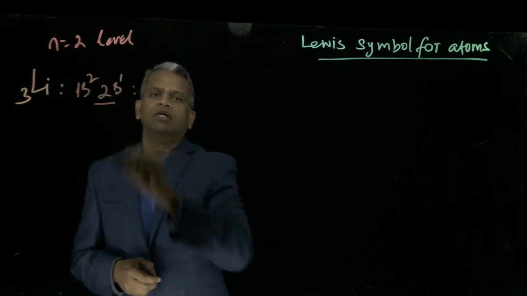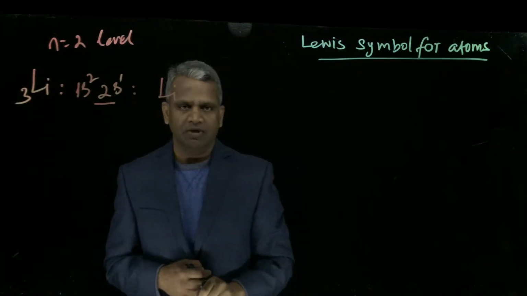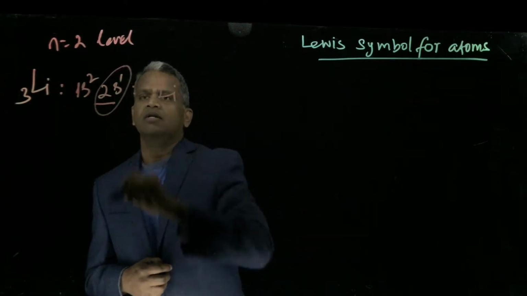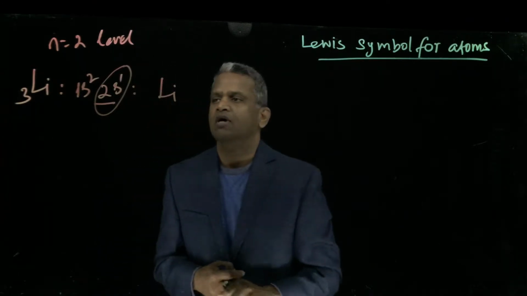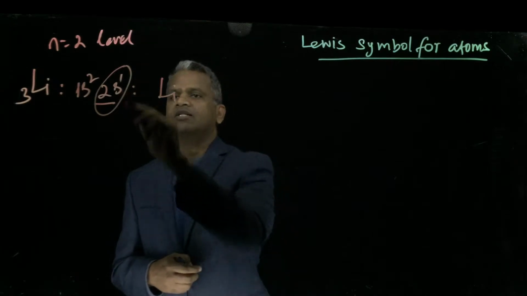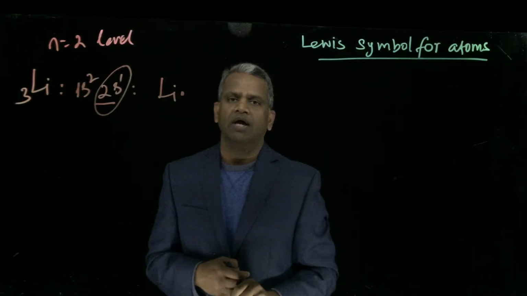The Lewis symbol is written by writing the atomic symbol first, and then the outermost electrons, however many you have, distributed around the atomic symbol. In this case you have 1 electron, so you write 1 dot next to it.